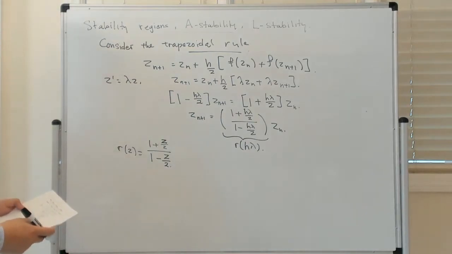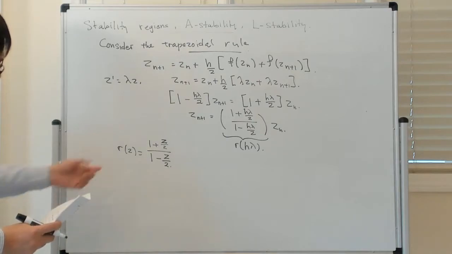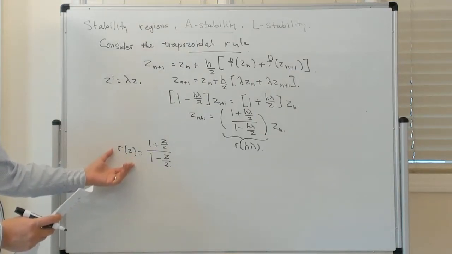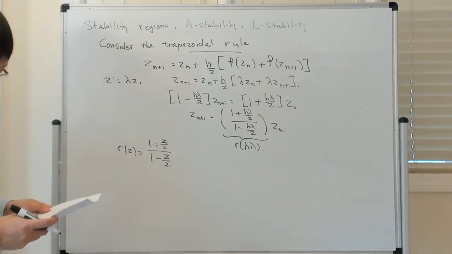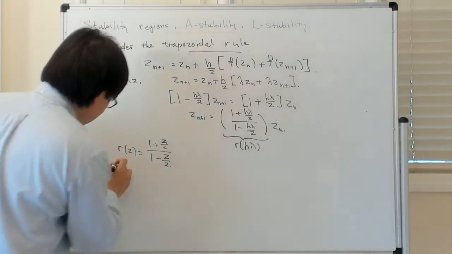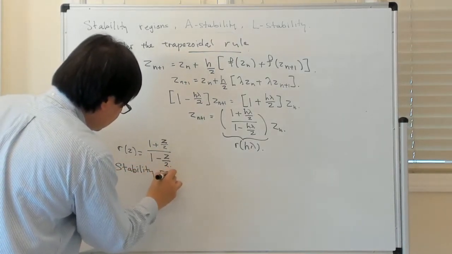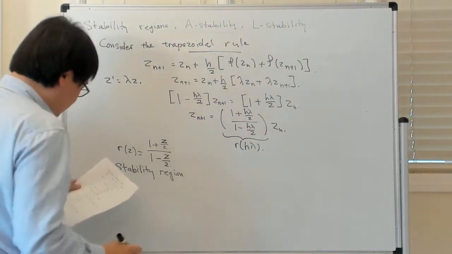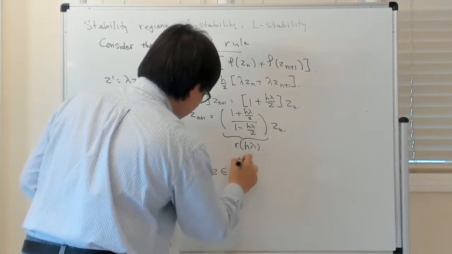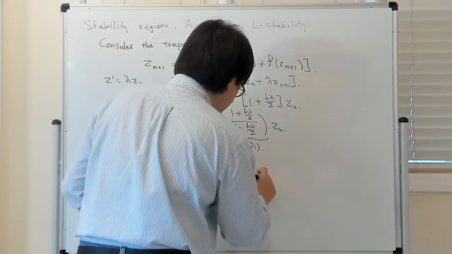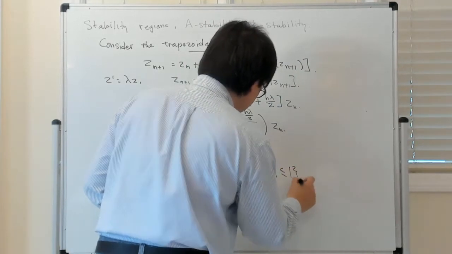Okay, so the stability region is the domain in which this stability function has a modulus which is less than or equal to 1. Okay, so the stability region is the set of points z in the complex plane such that the modulus of R of z is less than or equal to 1.